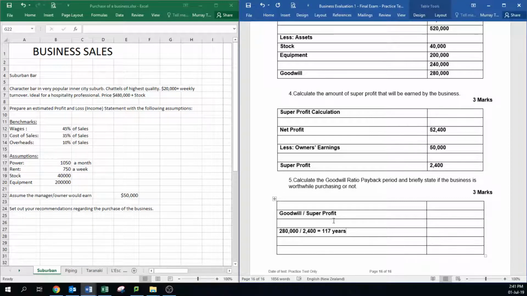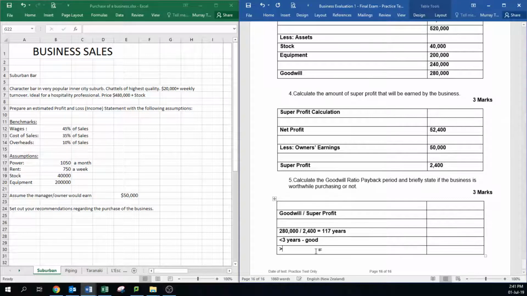which is ridiculous. Now you want to put here about a sentence or so about, is it a good business to buy, is it a not good business to buy? Not much here. But your general parameters is, if it's less than 3 years, then it's good. It's a good business to buy.